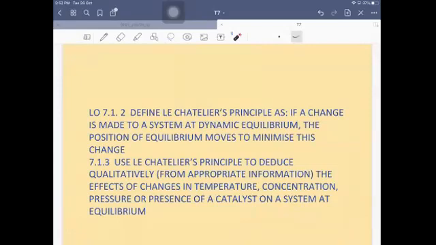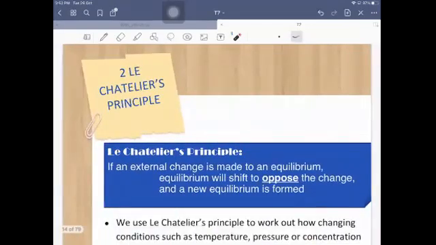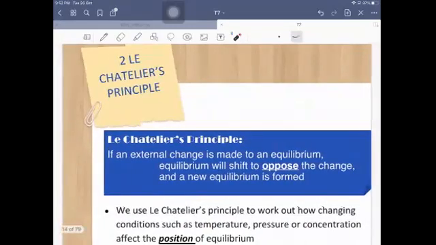So you want to know what Le Chatelier's principle is and what it does when you change the external conditions of your reversible reactions. Le Chatelier's principle states that if there is an external change made to an equilibrium, the equilibrium will adjust so as to oppose or cancel out the change being brought, and then it reforms a new equilibrium.